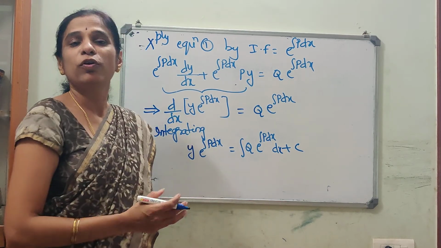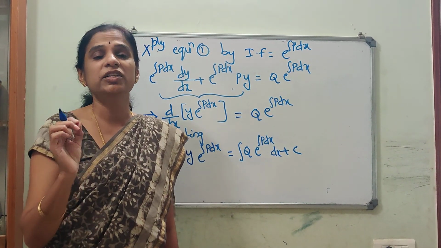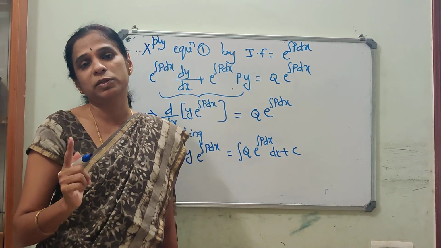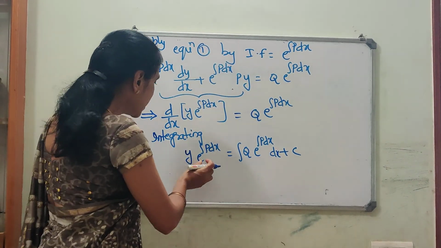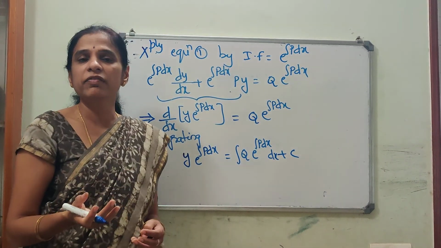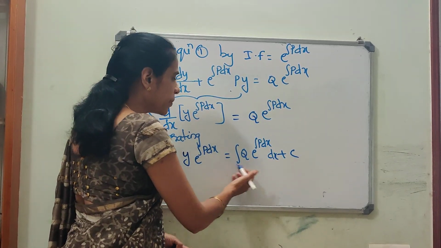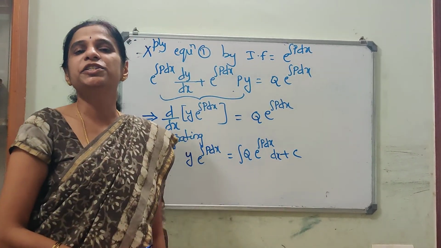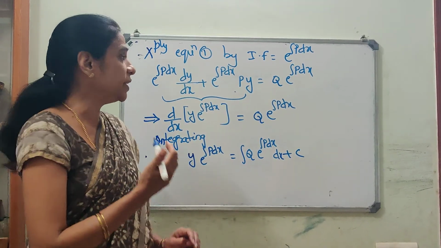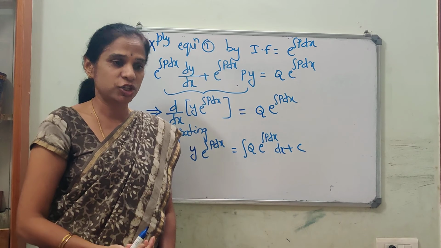So this, what we have written now, is the solution of the given differential equation 1, dy by dx plus py is equal to q. And how do you get this e power integration p dx? From your given equation, identify your p and identify your q, substitute them here and complete the integration, so that you are going to get the complete solution of the given linear differential equation, which is equation 1.